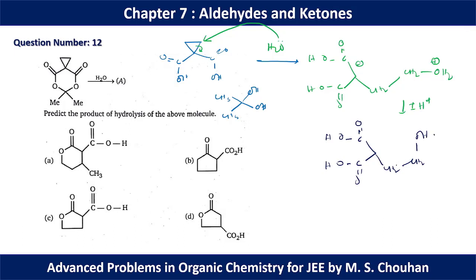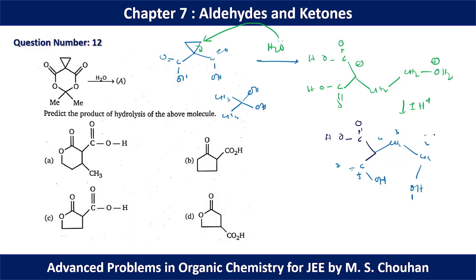Okay, we can rewrite this molecule like this also: CH2 OH, and again we can rewrite this like this. Okay, so we can have a 5-member ring, 1 2 3 4 5. Okay, so the final molecule we have a 5-member ring, and it should be an ester.